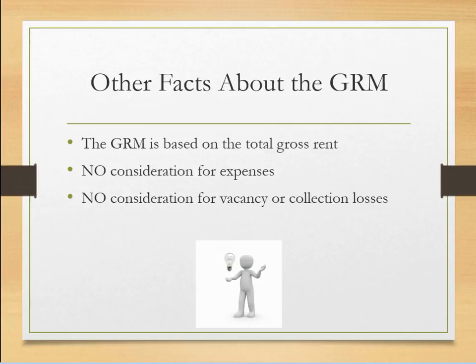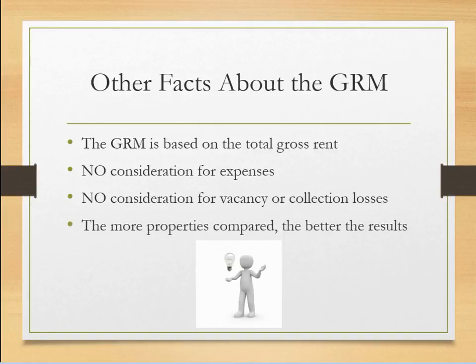That's the whole point of the GRM, to take multiple comparable income properties and ultimately compare what they sold for, their monthly gross rent, to help us compare one to the other. And just as with most analysis of comps, the more income producing properties compared under the gross rent multiplier, the better the results will be.